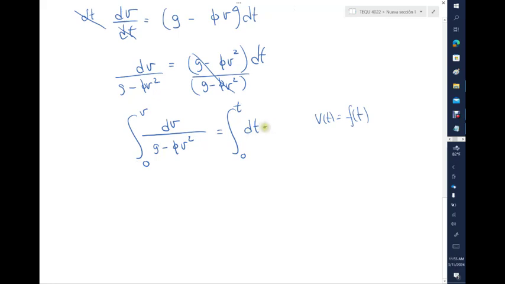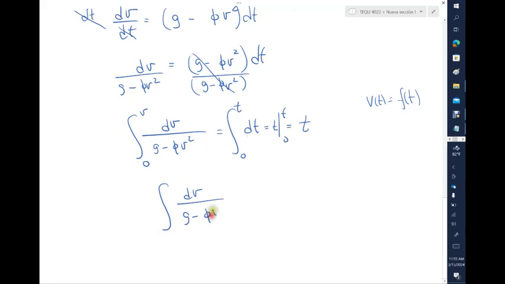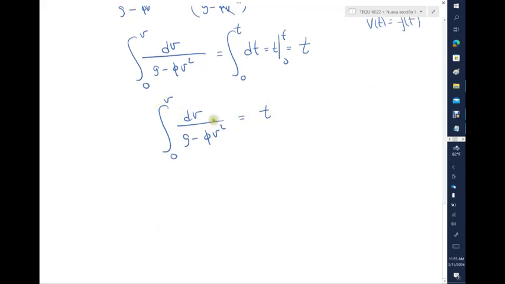The integral of dt is t, evaluated between 0 and t. So whatever I do, my left side must be equal to time. That's it. So I only need to integrate this part here to get this going.